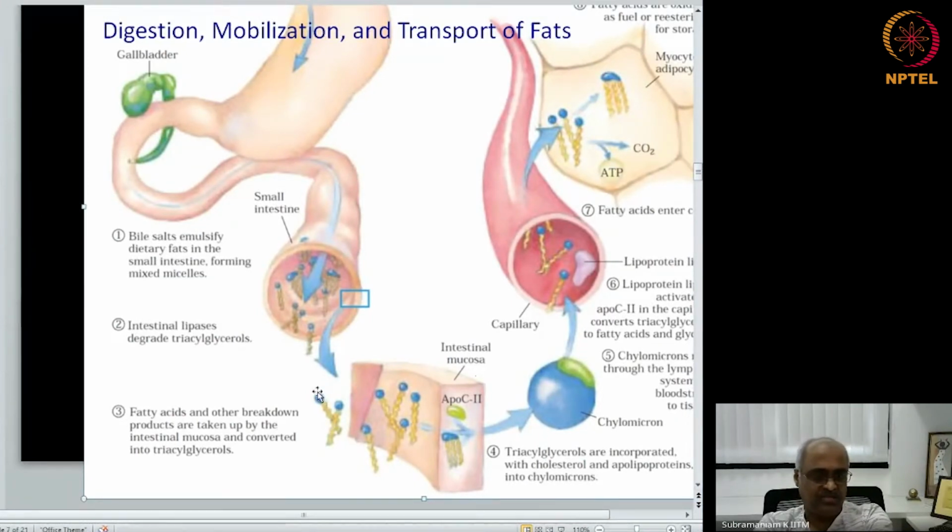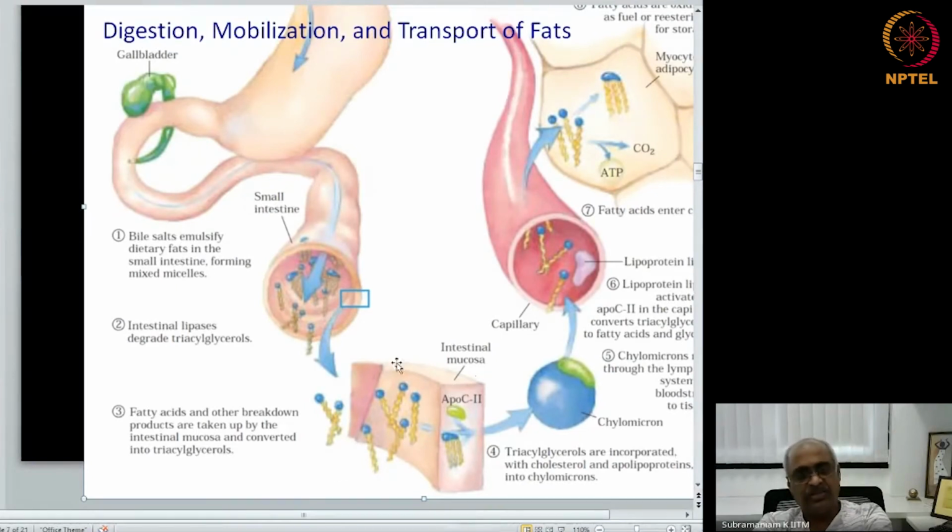So this is the carboxylic acid and the hydrophobic chain shown here, the blue and yellow. And these fatty acids are then taken up by the intestinal mucosa cells, where we see, this is not showing the microvillus structure, but that is present.